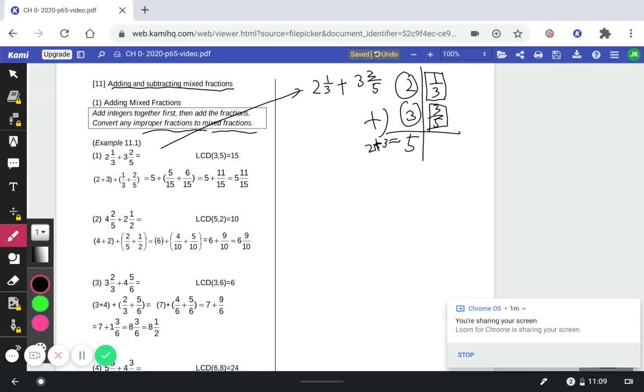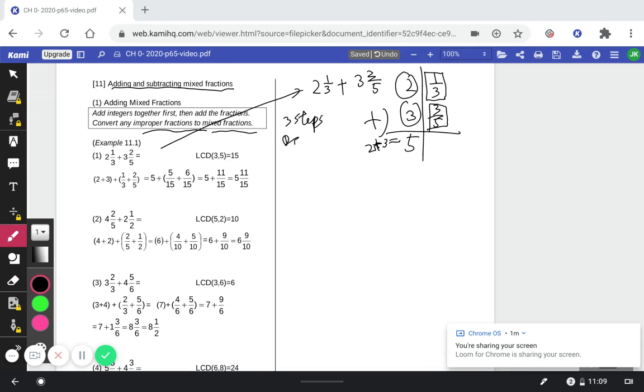Now, when you add two fractions with different denominators, what do you do? You follow 3 steps. What are the 3 steps? Number 1, find the LCD. Number 2, find equivalent fractions.